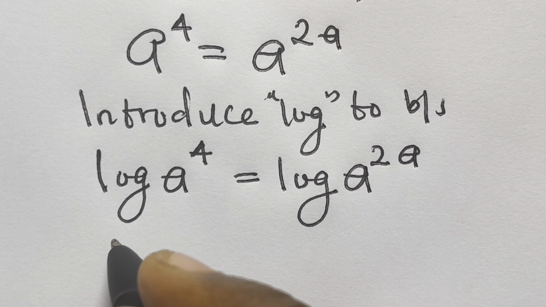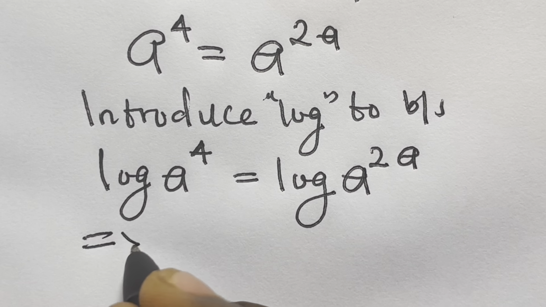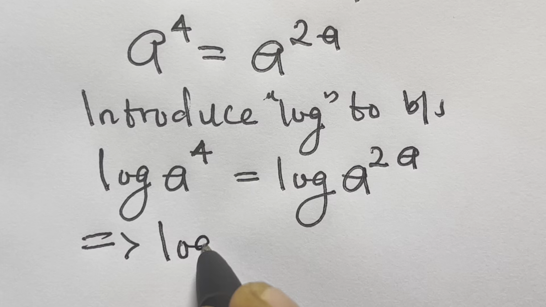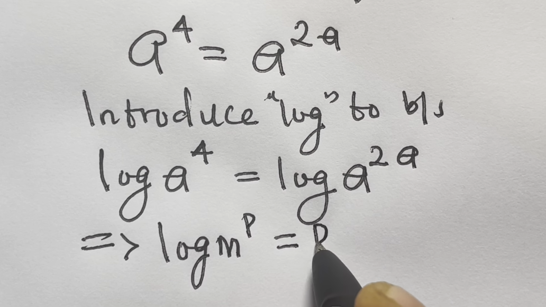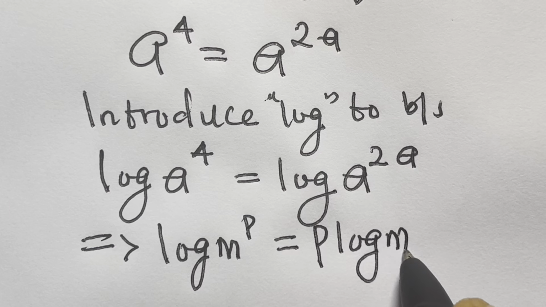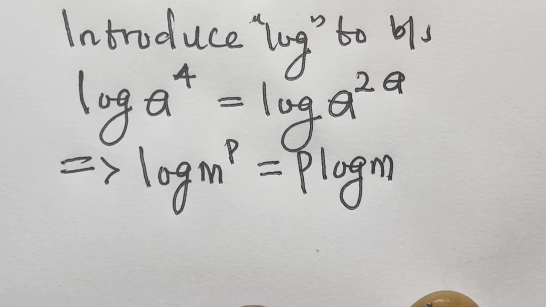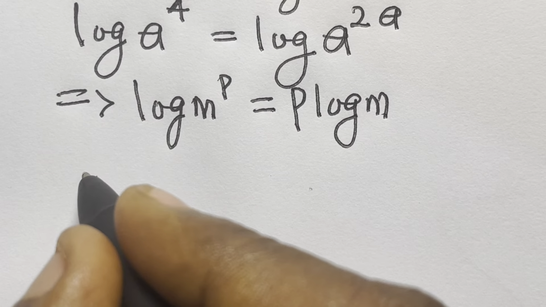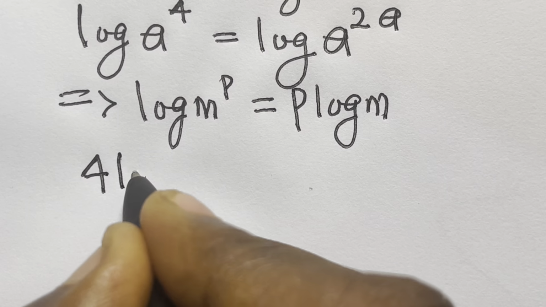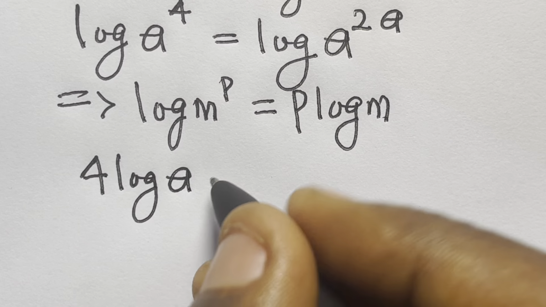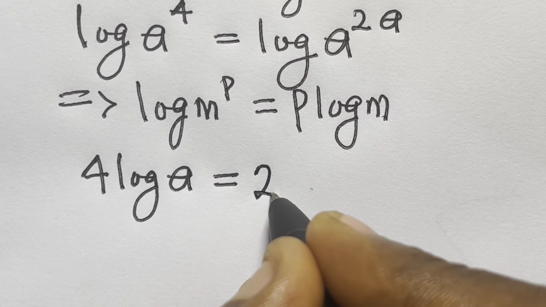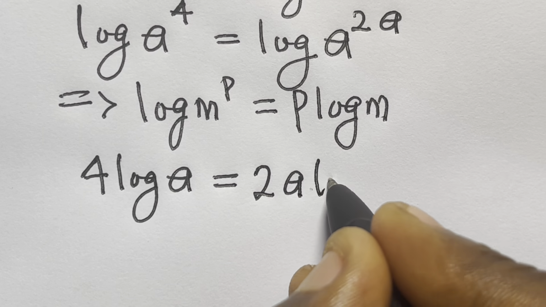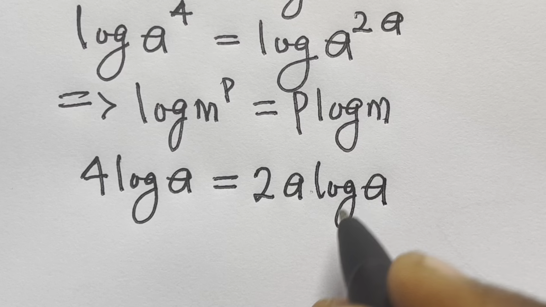But recall that if you have log m raised to power p, this equals p log m. So applying this, we will have 4 log a equals, this 2 here will come forward as well, so 2a log a, right?